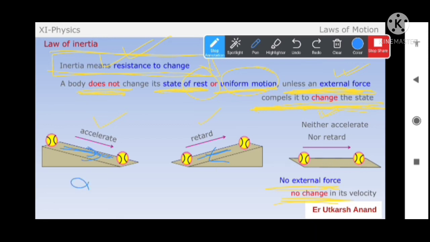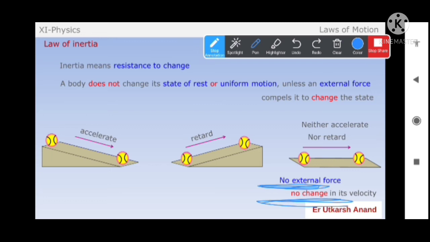So in both cases, the external force is gravity, right? Dear kids, whenever there is some external force, there has to be a certain change in the state of the body. But whenever there is no external force, there is no change in the state of the body. It means it continues to be in the state of rest, or it continues to have a uniform motion.